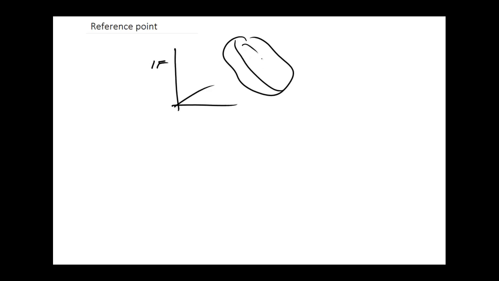I'd like to introduce the notion of a reference point. That means the following. Let me make the usual drawing. So here we have the inertial frame, we have our rigid body, we have the body fixed frame. Now this is simply, at this point, just a terminology. The origin of the body fixed frame is called the reference point.